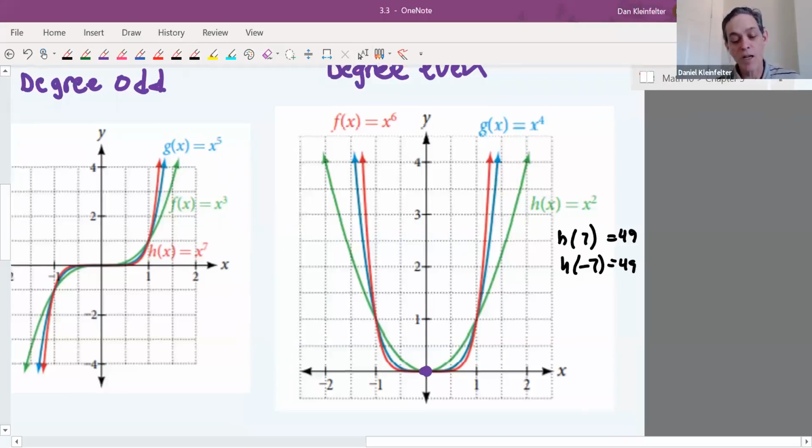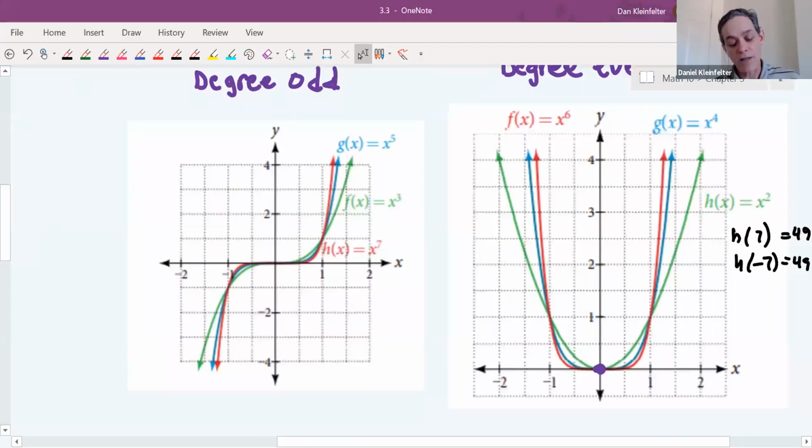For the odd degree functions, they also pass through the origin because, again, when x is 0, the y will be 0 also. And then instead of having the y-axis reflection symmetry, they have rotational symmetry with respect to the origin. An example of that would be the x cubed function, which is f here.